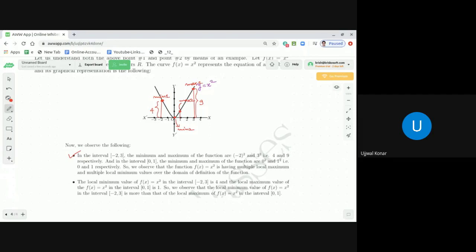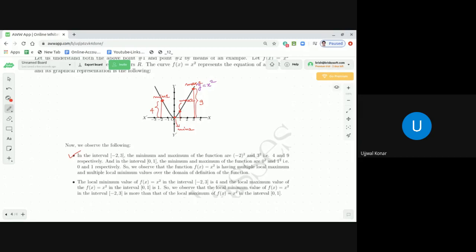The local minimum value of f(x) = x² in the interval -2 to 3 is 4, and the local maximum value of f(x) = x² in the interval 0 to 1 is 1.